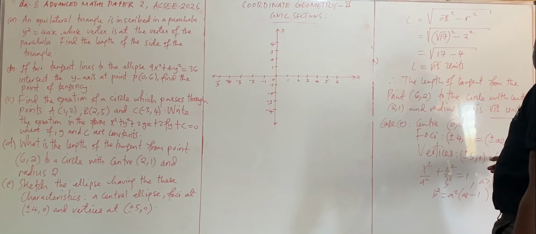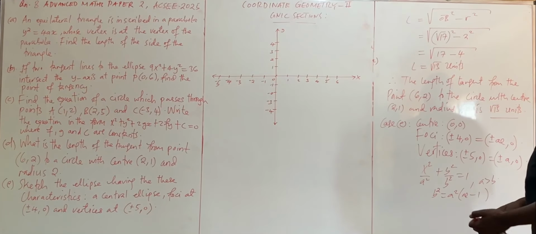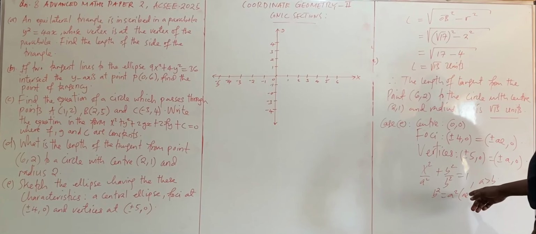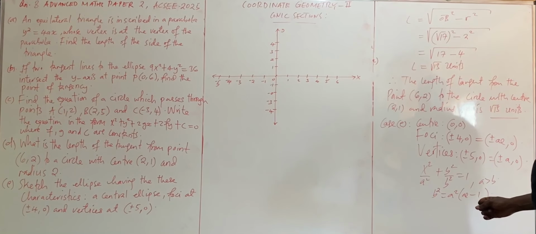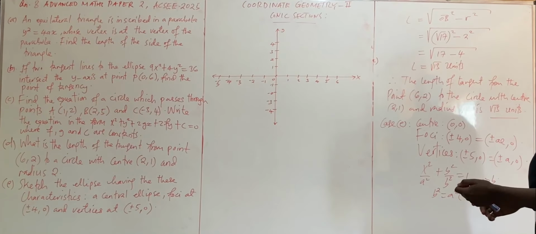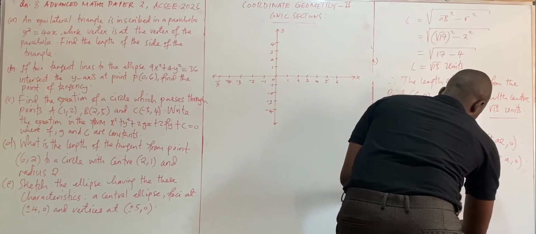Because if we compare this one and that one, a will be 5, so here a square will be 25. The value of ae here will be 4. 25 minus 16 here is 9. Yes, and if here is 25, 25 minus this 16 here.